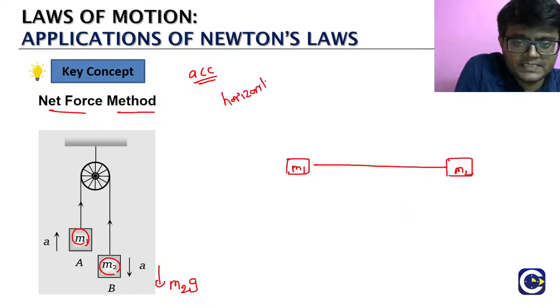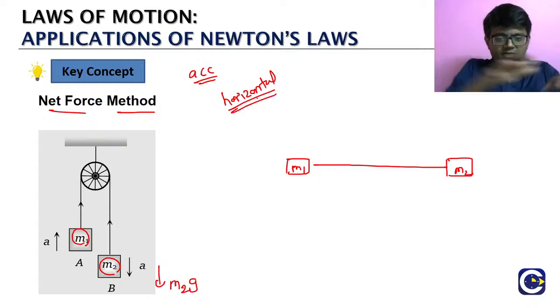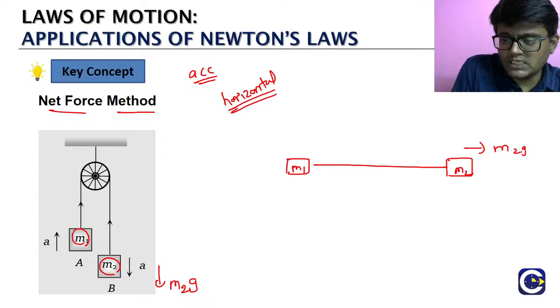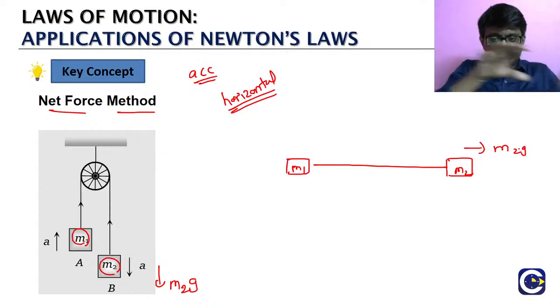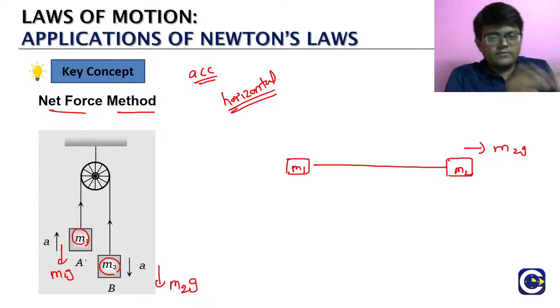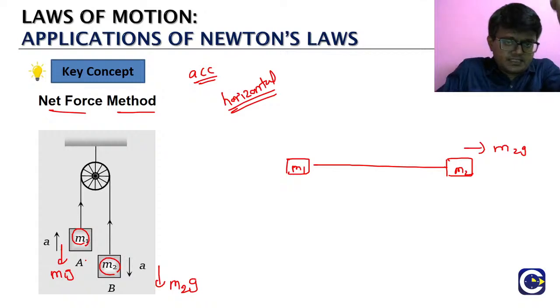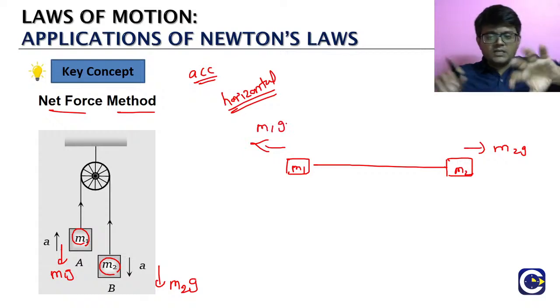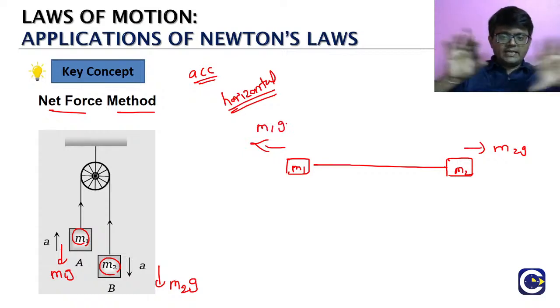So we will represent it horizontally. Take everything and put it horizontal. Now that m2g is trying to pull the entire setup to the right side. On this side, the weight acting on m1, which is trying to pull m1 down, is represented here as m1g, trying to pull the entire setup to the left side.